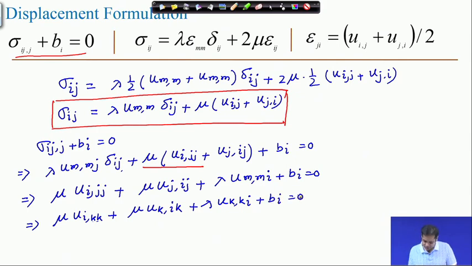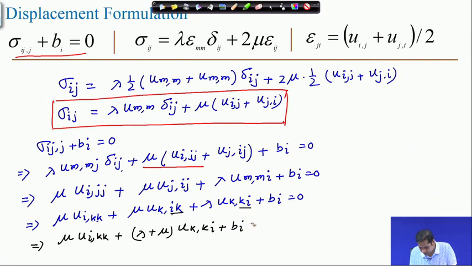Since i k and k i can be interchanged as long as u is continuously defined over the domain, you can take lambda plus mu common, and this becomes u of k comma k i. So, the final expression is mu u i comma k k plus lambda plus mu times u k comma k i plus b i is equal to 0.